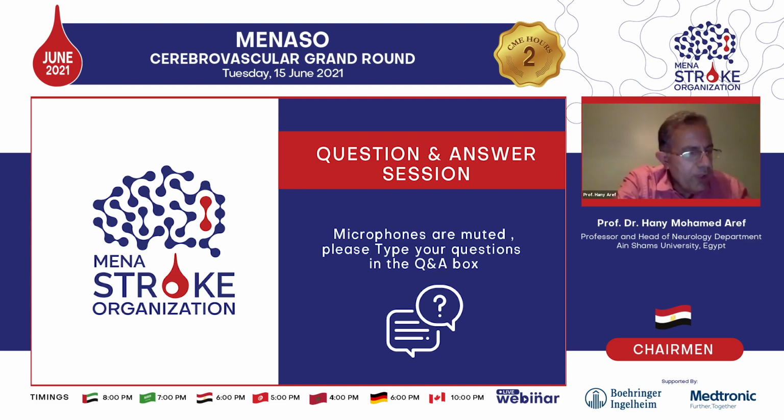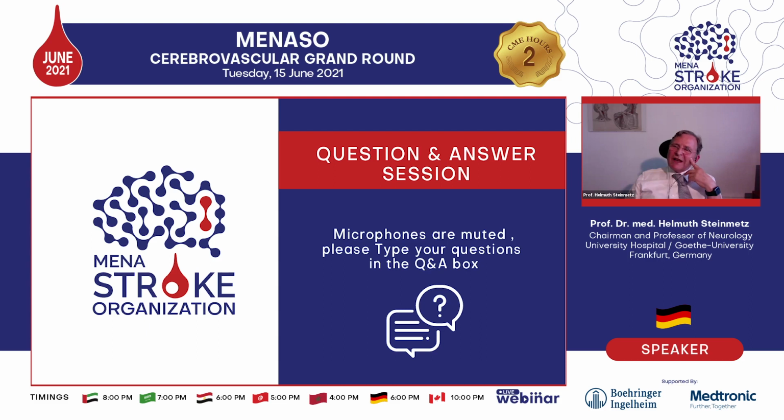Regarding dyslipidemia, would you recommend other agents rather than statins, like Nexletol or any other agents? The agent well established is ezetimibe. That's the one, for instance, used in the Treat Stroke to Target trial, the TST trial.